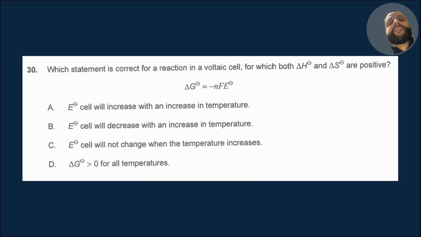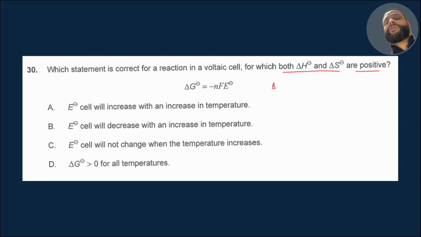Question 30. Which statement is correct for a reaction in a voltaic cell for which both delta H naught and delta S naught are positive? Endothermic, and the change in entropy is positive. A voltaic cell is a cell which converts chemical energy into electrical energy and is a spontaneous reaction. Let's see the relationship between delta G and E cell.